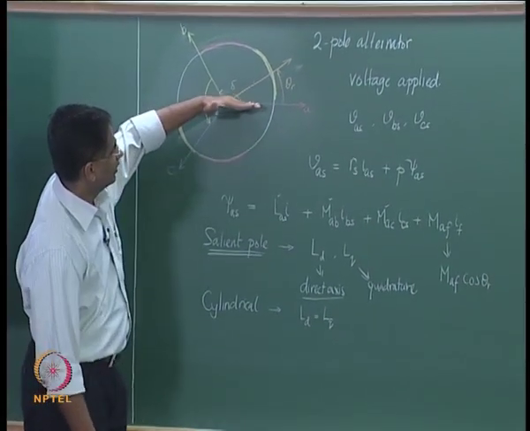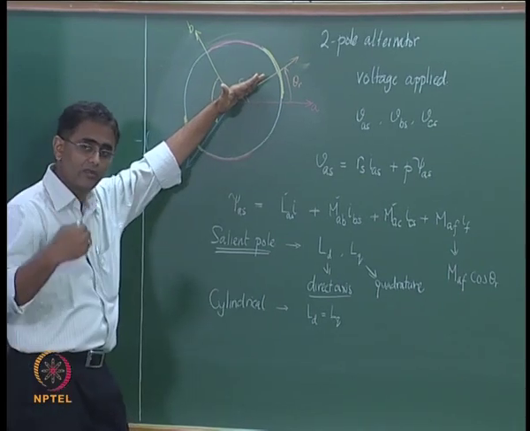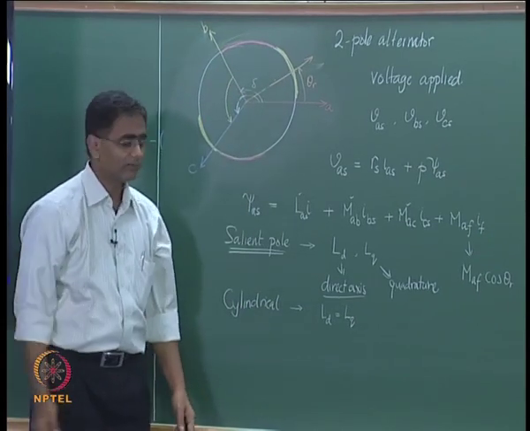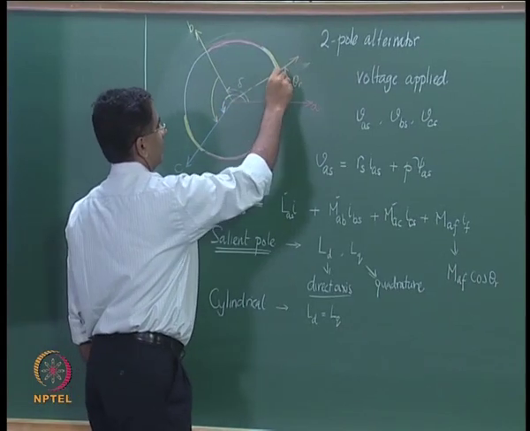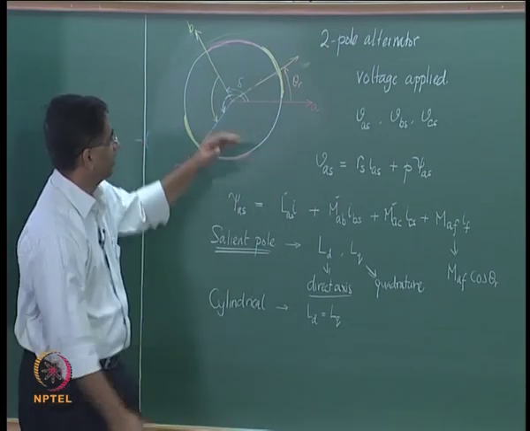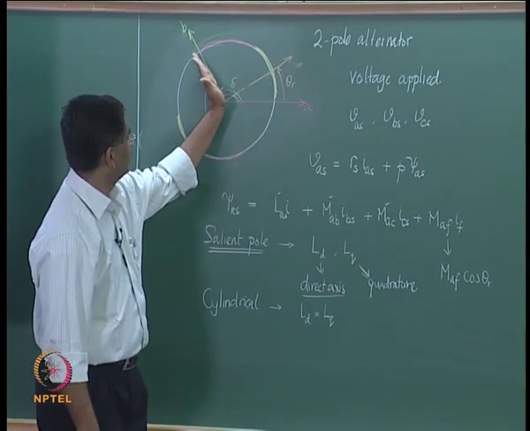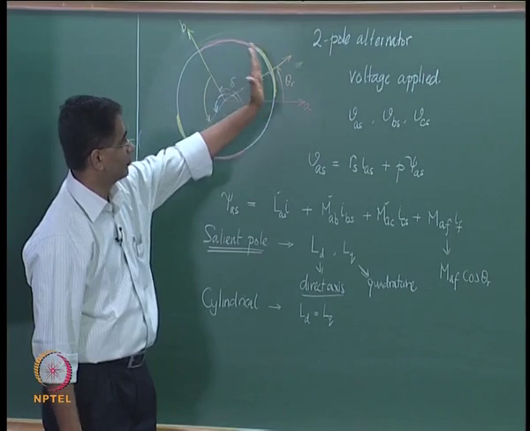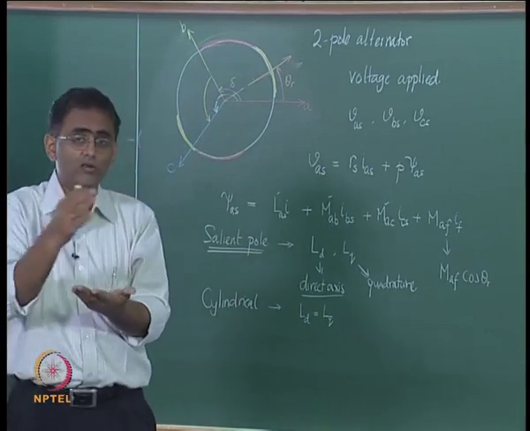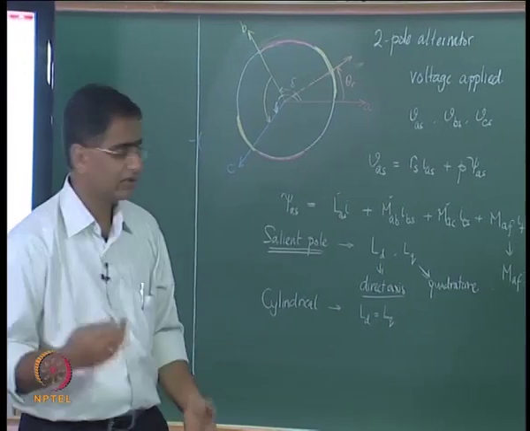By the same token, if you then have the field somewhere else, then the mutual inductance between the field and another phase of the stator will depend upon the angle between the two, and therefore if the rotor is aligned here at theta r, mutual inductance between rotor and the B phase will then be the same MAF, because had the field been aligned along the B phase axis, the flux linkage of the B phase would have been the same as what was there for A phase, and therefore the maximum value of mutual inductance for all the three phases with the rotor will remain the same.